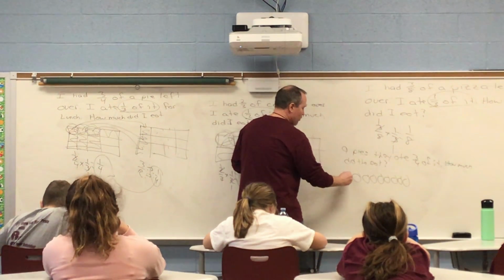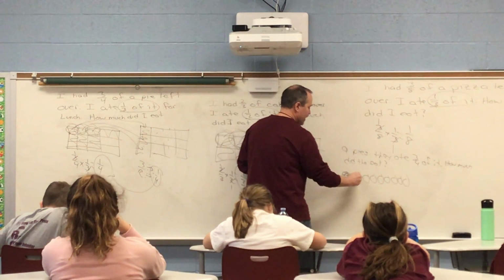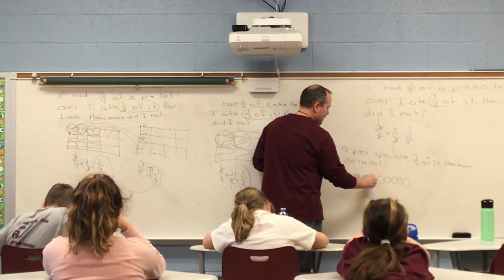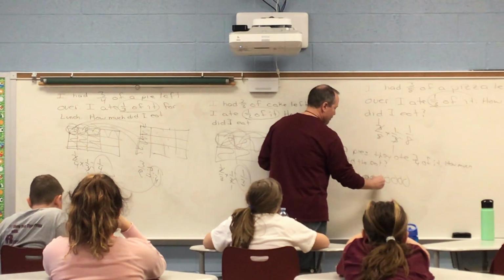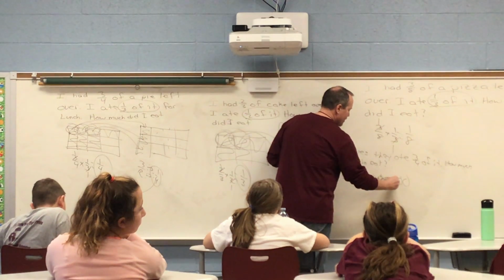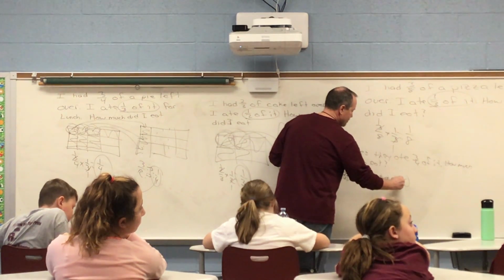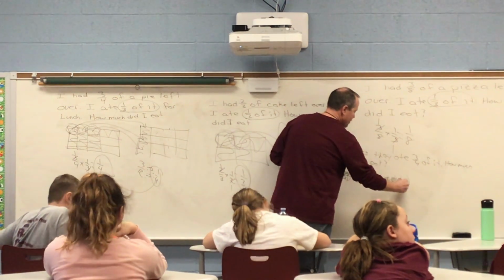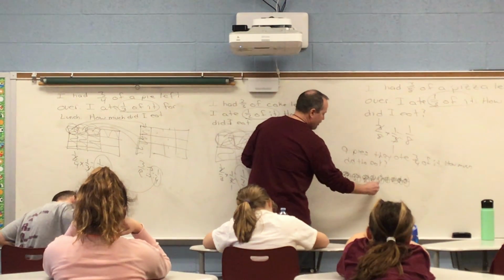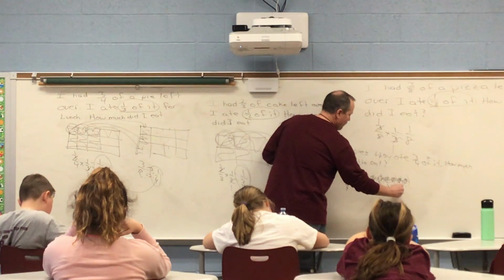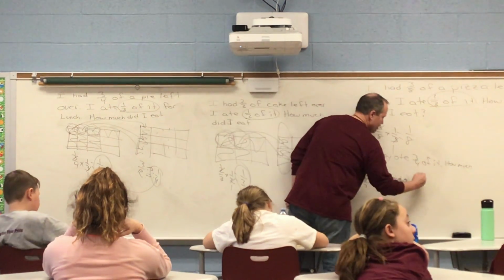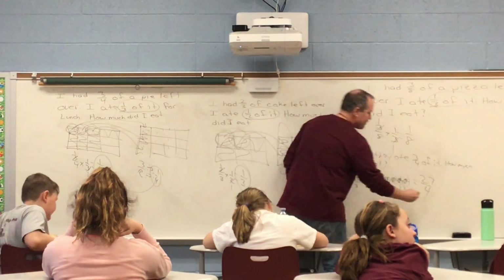So break it into 4 sections, eat 3 of it. Break each one of these pies into 3/4. Okay, so here's 3/4, 3/4, 3/4, 3/4, 3/4, 3/4, 3/4, 3/4. If you add them all up, that would be 27/4.